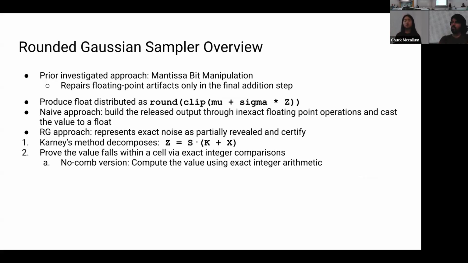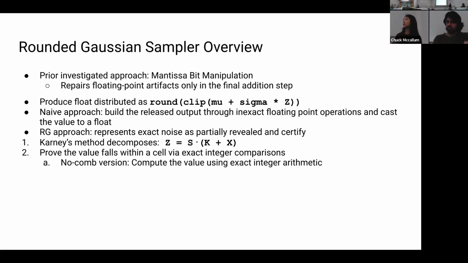This can be helpful if, say, denormalization that causes trailing zeros at the end can happen, or for any rounding rules that may result in some biasing of the last bit. Repairing those last mantissa bits can help, but this will only really address the noise addition step. If there are any operations that happen prior to that, they can't really be addressed with this approach.